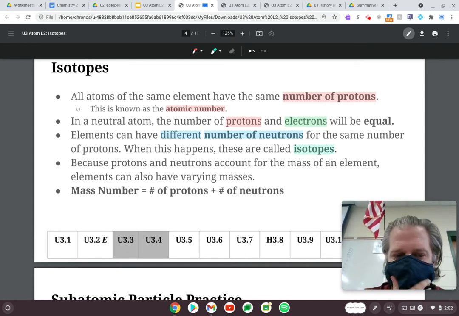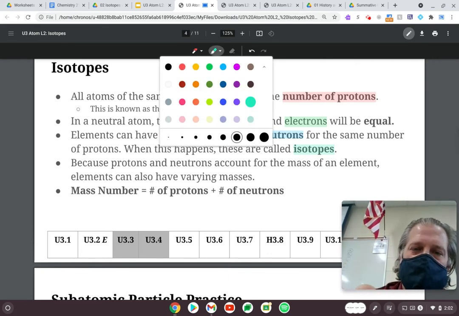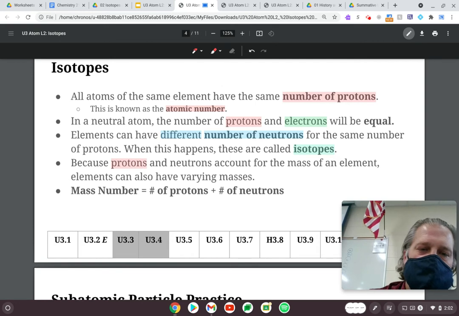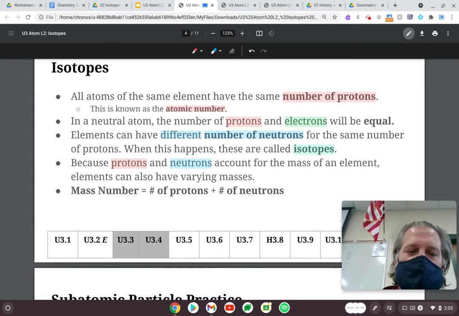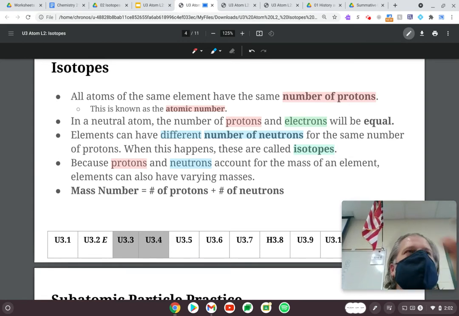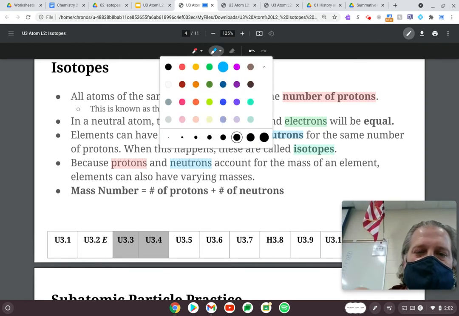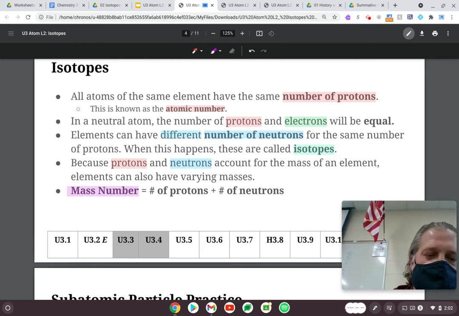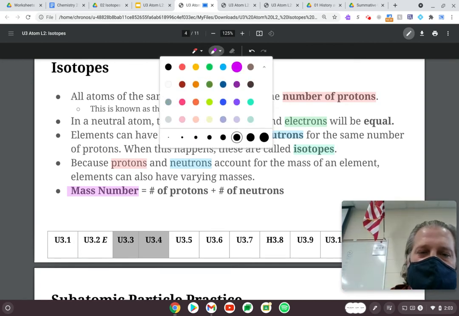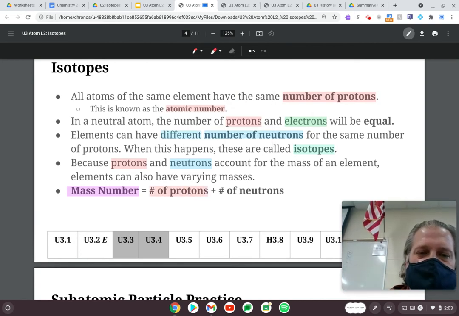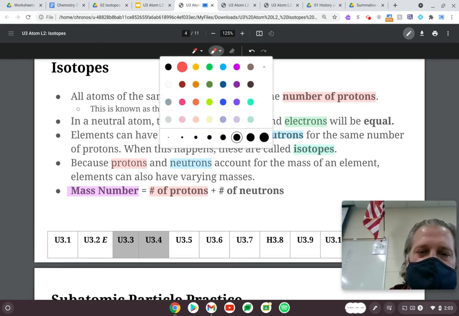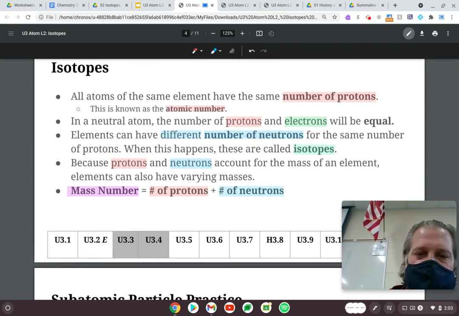Now, because protons and neutrons account for the mass of an element, that means that the mass number of an element can be different. So there's a generic formula here which says the mass number of an element is equal to the number of protons that an element has plus the number of neutrons that an element has. And that's going to be kind of important in a minute.